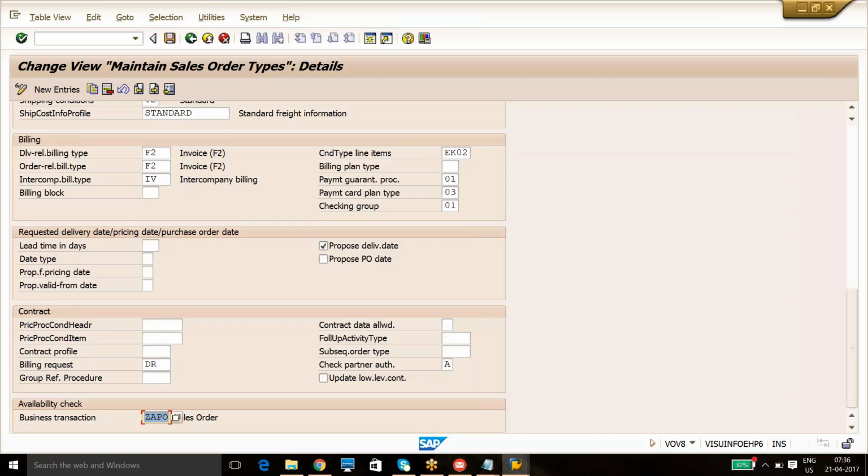In the same fashion, in this availability check, when you have this business transaction ZAPO, it ensures that this is a particular order type which is not processed in the ECC. So how is it helpful for the ECC? It understands that these particular orders are being planned in APO.